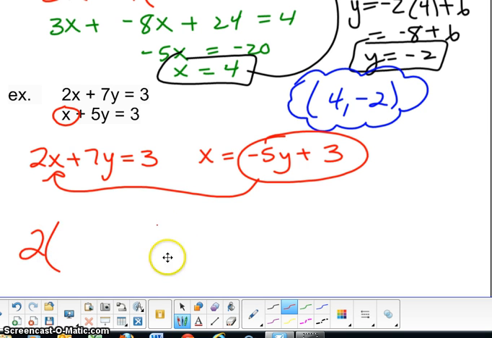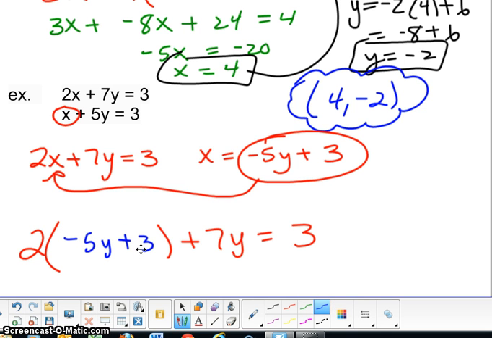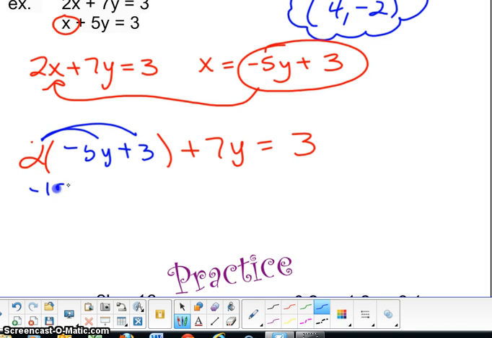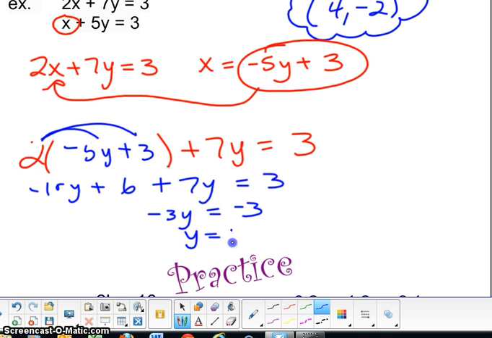So 2x plus 7y equals 3, and I'm going to replace the x with -5y plus 3. Now I only have one variable to solve for. So when we simplify, it ends up being distributive property, -10y plus 6, and -3y equals -3, so y equals 1.